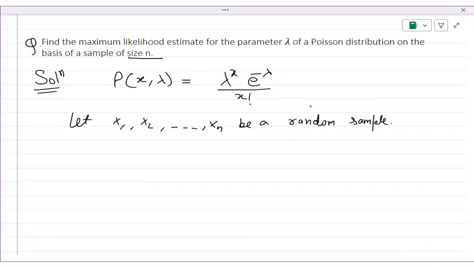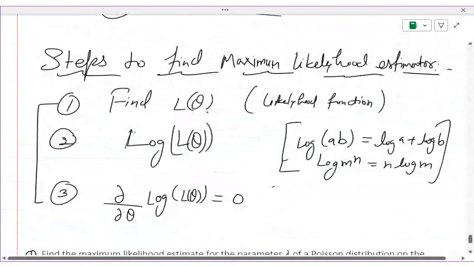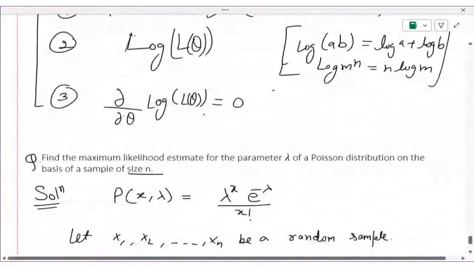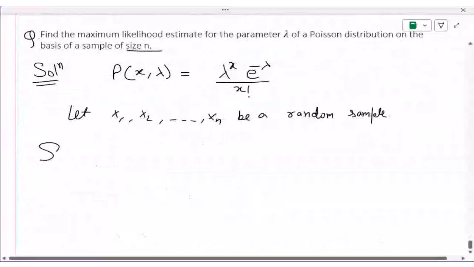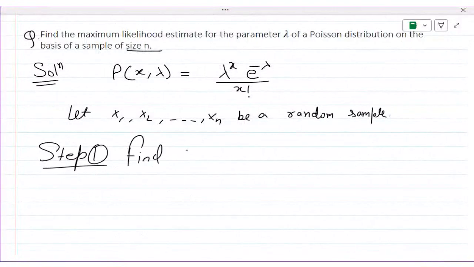Okay. So first we'll find the likelihood function. Step 1: find the likelihood function L of theta, but in place of theta, now we have the parameter lambda. So we will find L of lambda.